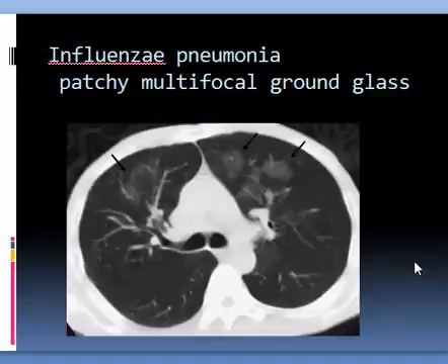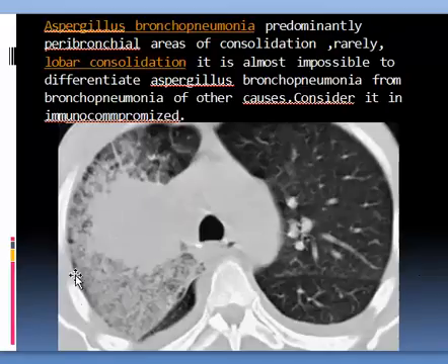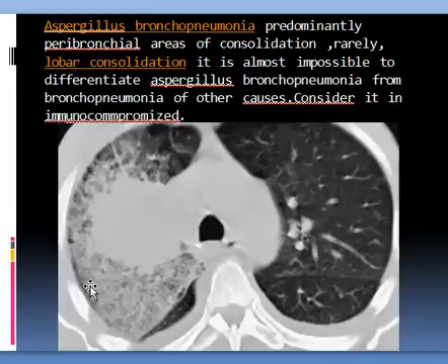Here is the appearance of influenza pneumonia. It should be considered as patchy multifocal ground glass opacity and should be differentiated from pulmonary hemorrhage. This is mycoplasma or aspergillus bronchopneumonia, predominantly peribronchial. Rarely it causes patchy areas of consolidation like this. With lobar consolidation, it is almost impossible to differentiate aspergillus bronchopneumonia from bronchopneumonia of other causes.